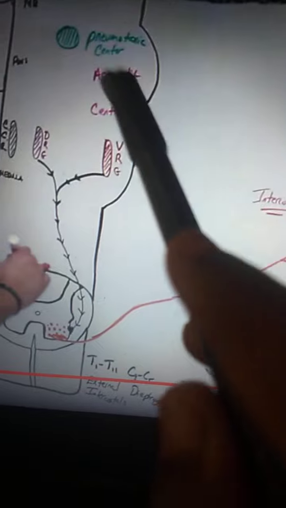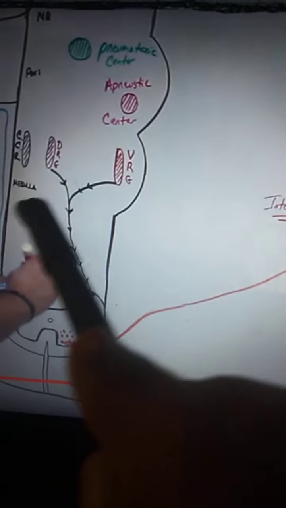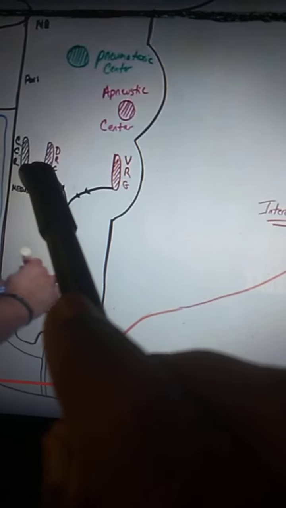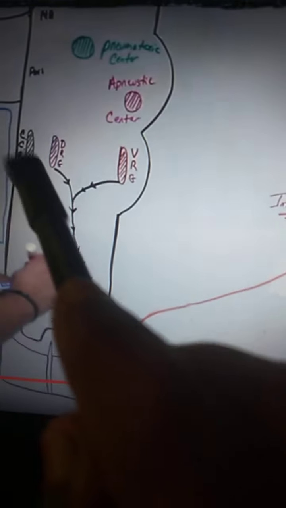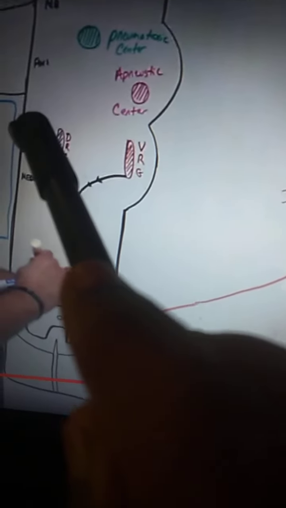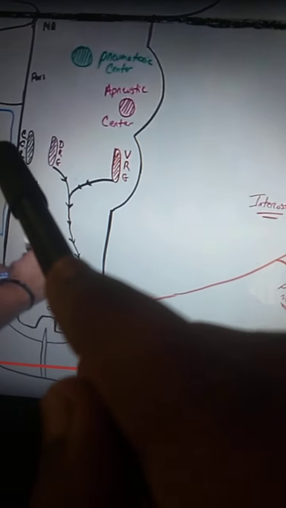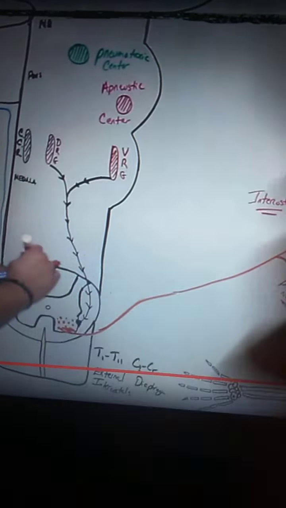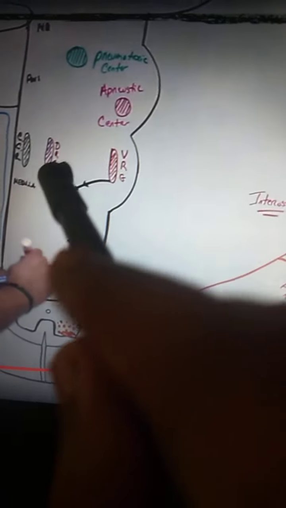It's also close to the nucleus tractus solitarius. So the receptors which will stimulate the dorsal respiratory center are the pulmonary receptors, the stretch receptors, the proprioceptors and juxtacapillary receptors, which I'll be talking about later, and also the central and peripheral receptors.